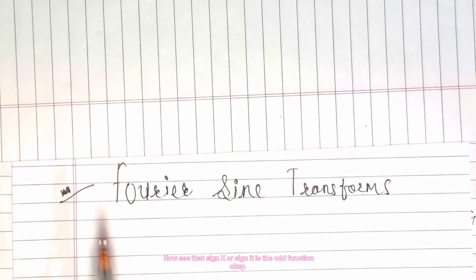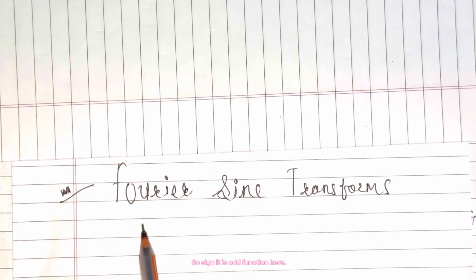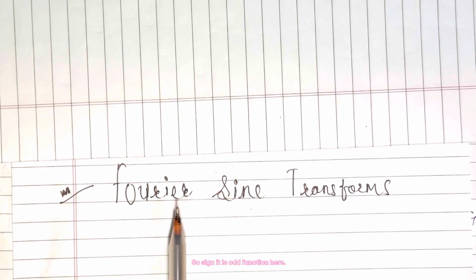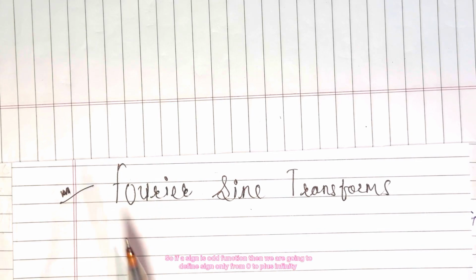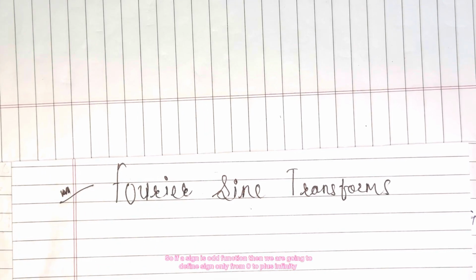Now see, guys, sine x, or a sine, is an odd function. Whenever a negative sign goes under an odd function, it gives a negative outside. So if sine is an odd function, then we define it only from 0 to plus infinity.